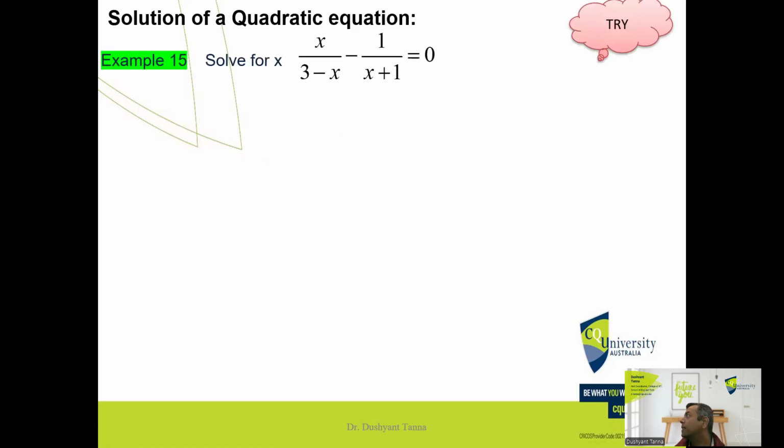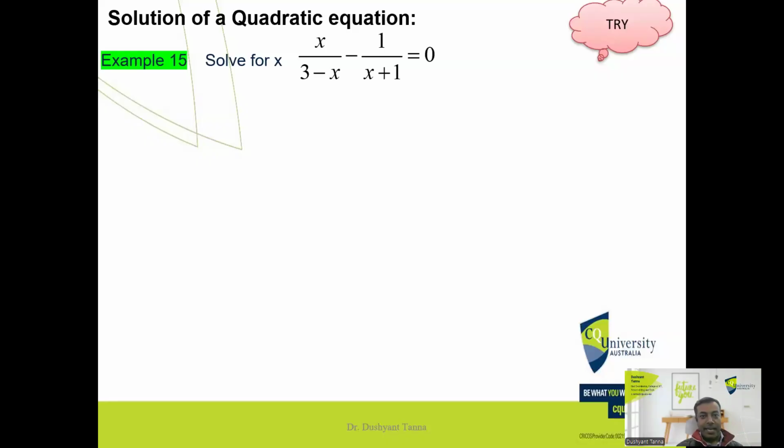Okay. Give this a try. Yeah, we will have to cross multiply because the denominator is not the same. So what we are saying is, times this by x plus 1.